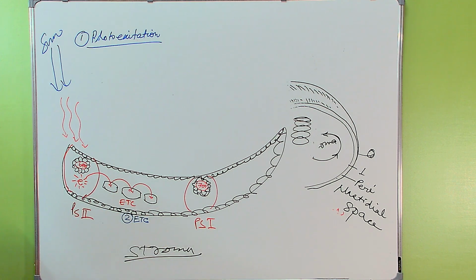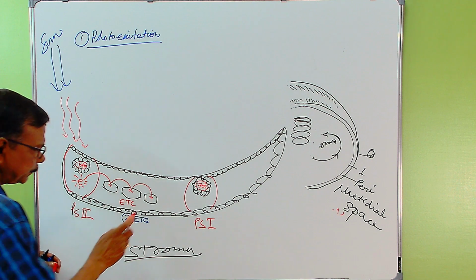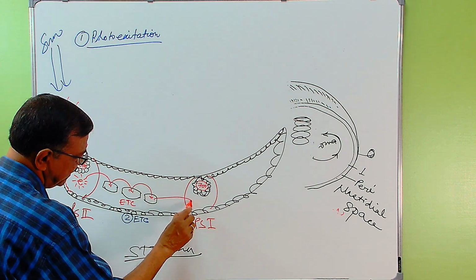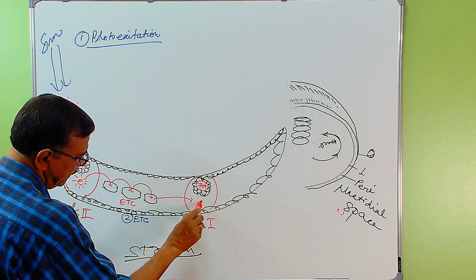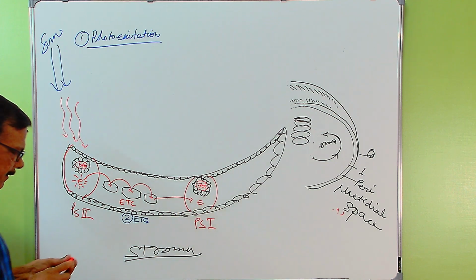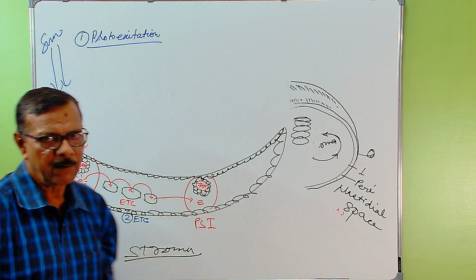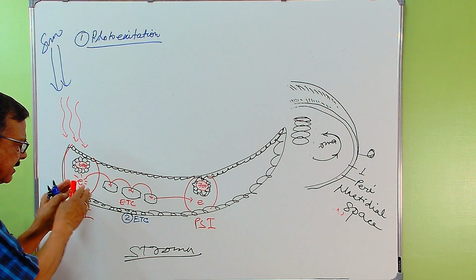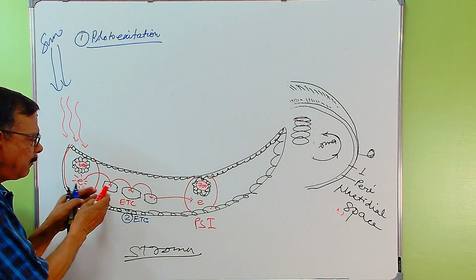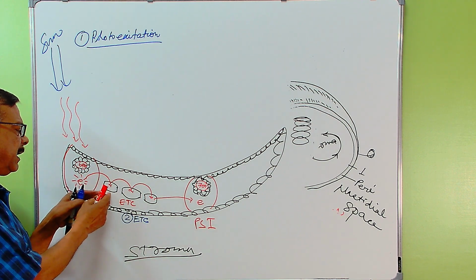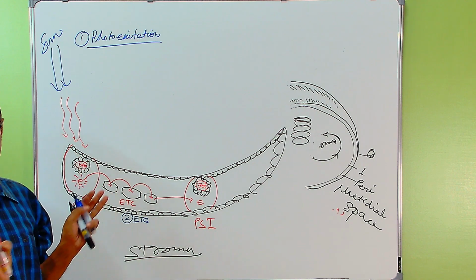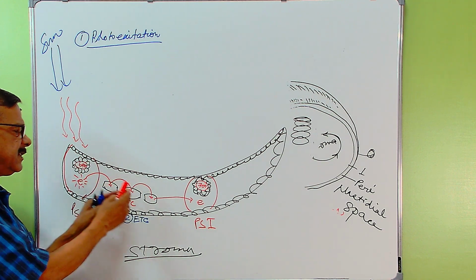And finally the electron reaches here. It doesn't go anywhere. Why? Because while transporting from one electron carrier to another, it is first accepted by the primary acceptor, then this electron carrier, and this electron carrier.